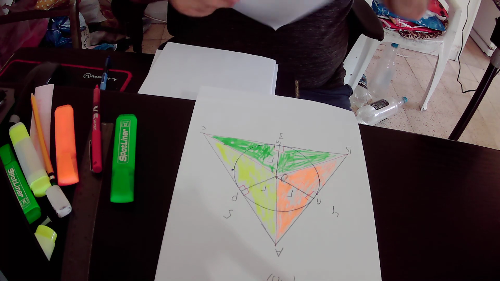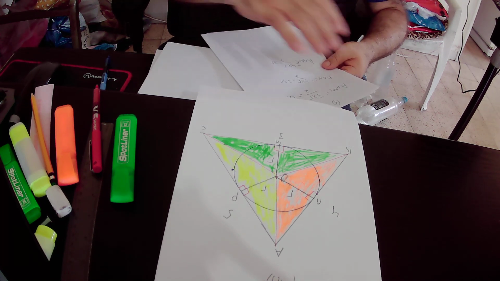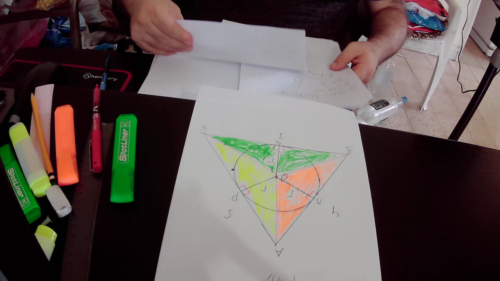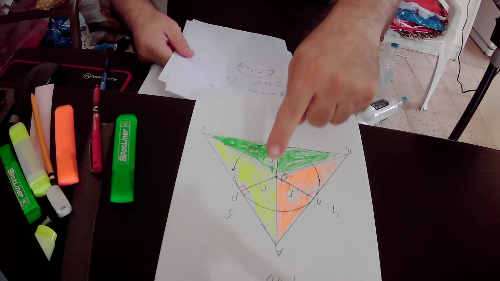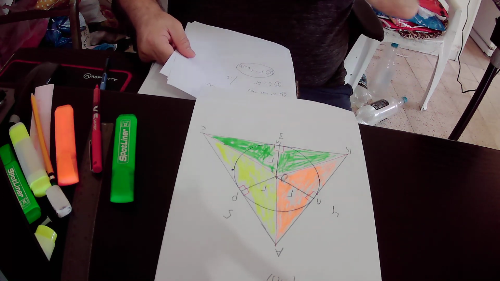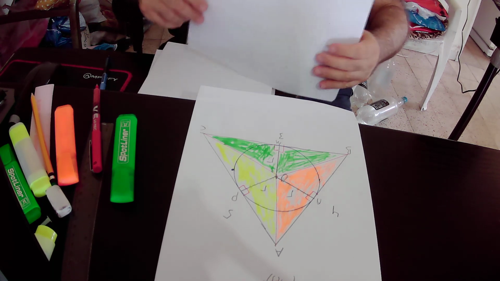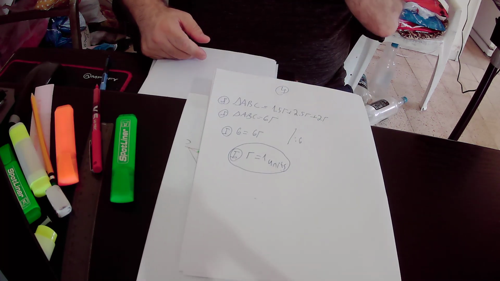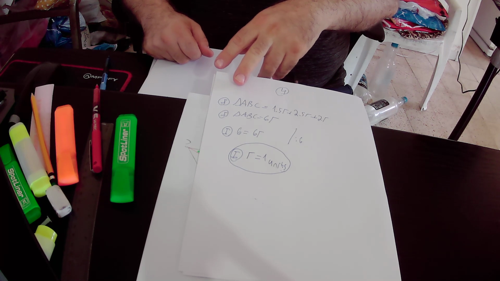But in total, we can say that the area of the big triangle, triangle ABC, equals the sum of the areas of the yellow triangle plus the area of the green triangle plus the area of the orange triangle. We presented this equality in equation number 1.